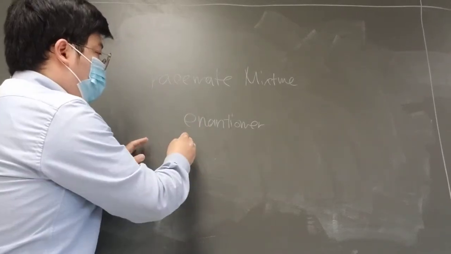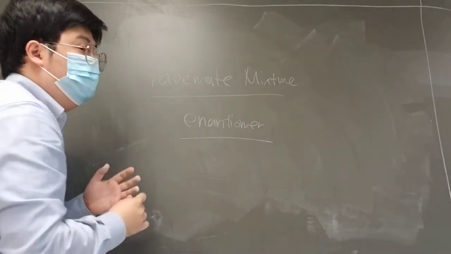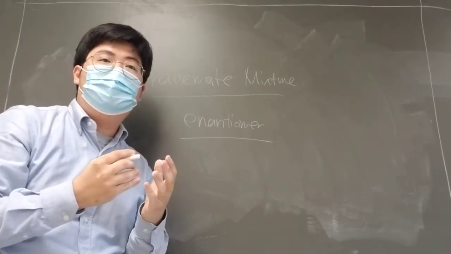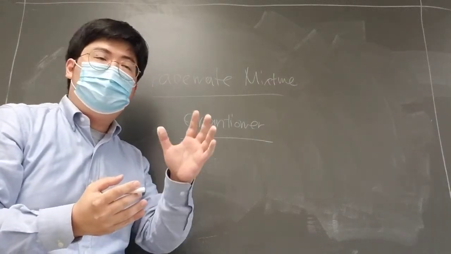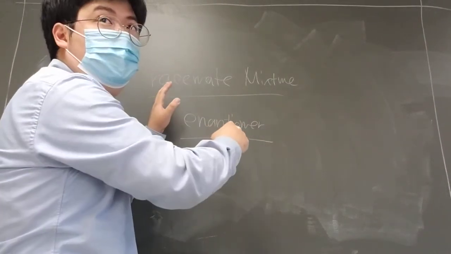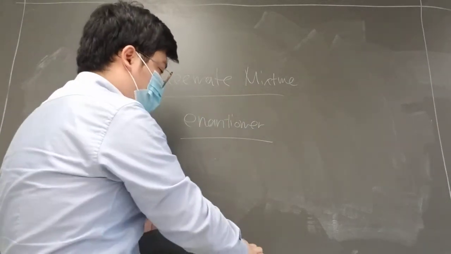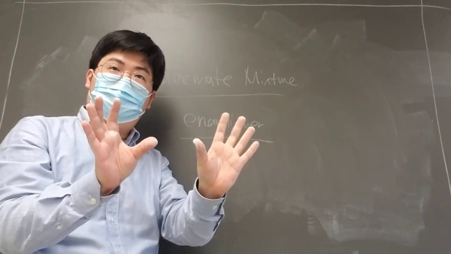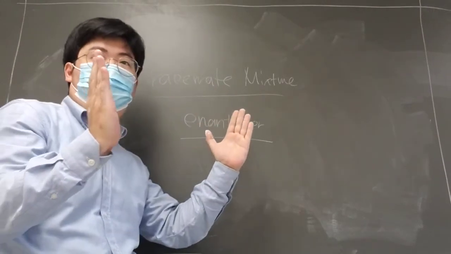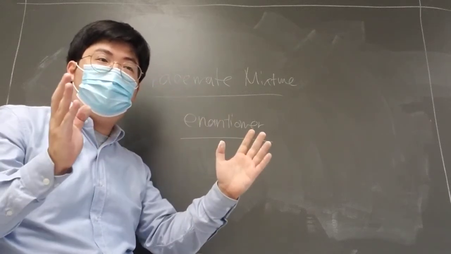Then what? Can you guys imagine what happens? So the racemate mixture will actually show you almost optically inactive. Can you guys guess why? This is the 50-50 R or S structure of the compound. Like I said, they each rotate by the same degree but in the opposite direction, right? But when you mix 50-50 together, when you shoot the light, what happens? No change.